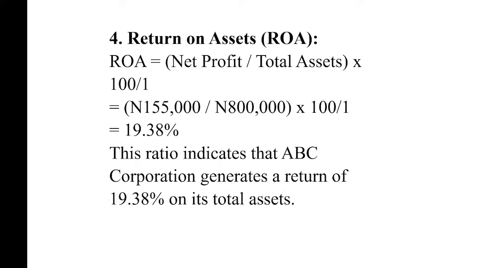This ratio indicates that ABC Corporation generates a return of 19.38% on its total assets. So they are making a return of 19.38% on the total assets of the organization.